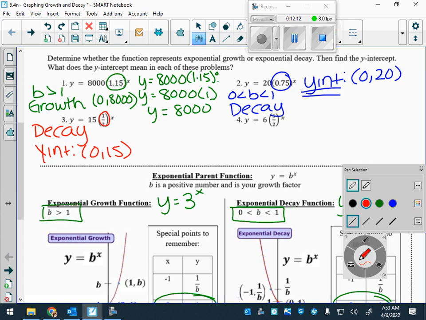Excellent. Okay, number 4. What do we have? Yeah? It is growth. Be careful. Because 5/2, is that greater than 1? Yes. Okay, what is our y-intercept? Good. 0, 6. Excellent. How many of you guys got both of those? Perfect, perfect.